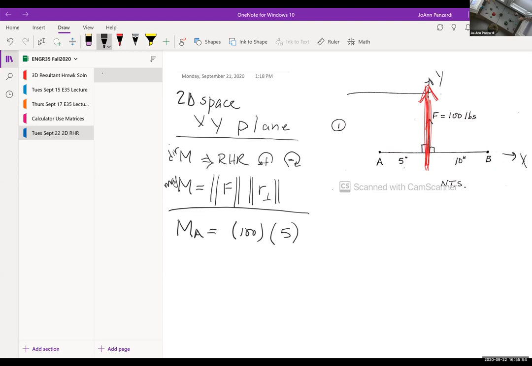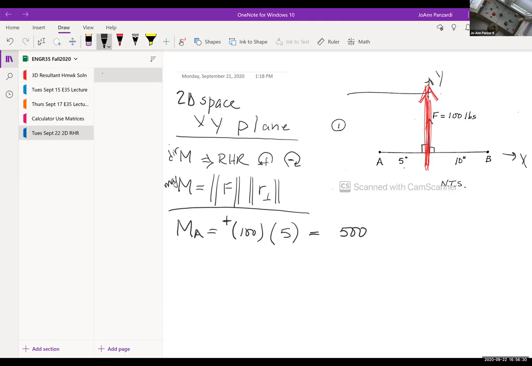So I just determined the magnitude. It's 500. Angel, now I'm going to determine my direction using the right-hand rule. I put my fingers in the direction of the force and my palm towards point A, and what do you get? Thumb pointed right at you. So is it positive or negative? Positive. I always write the positive just to remind myself that I actually found the moment. So it's equal to 500.